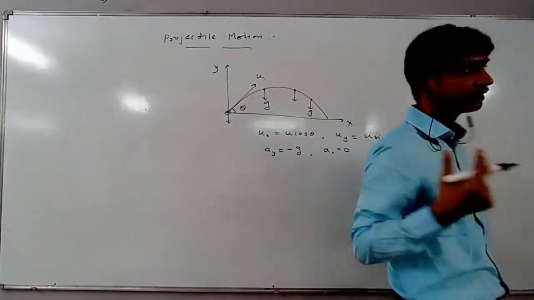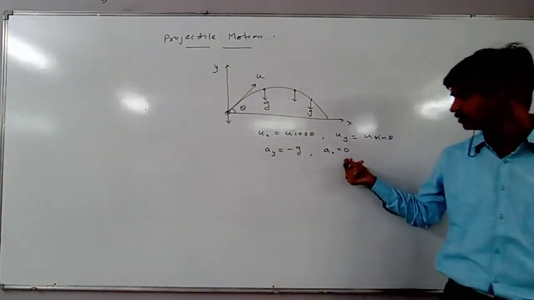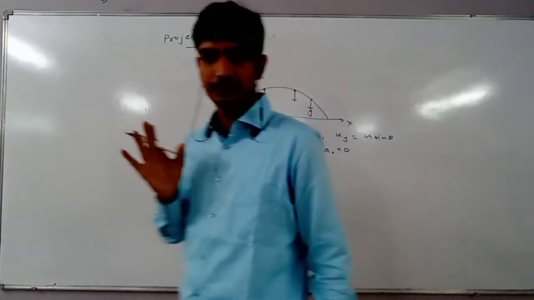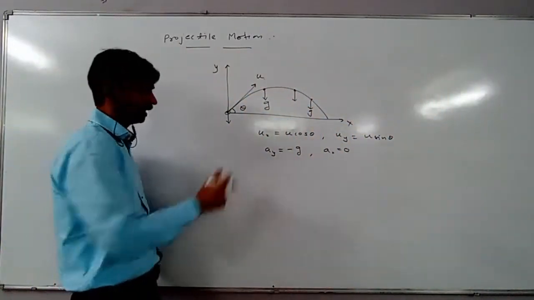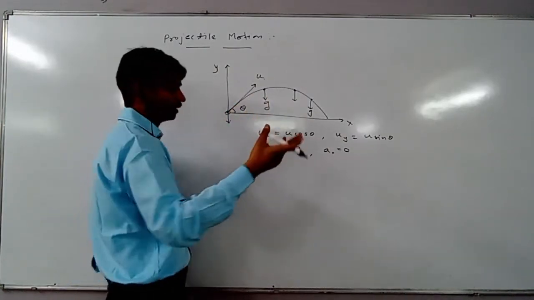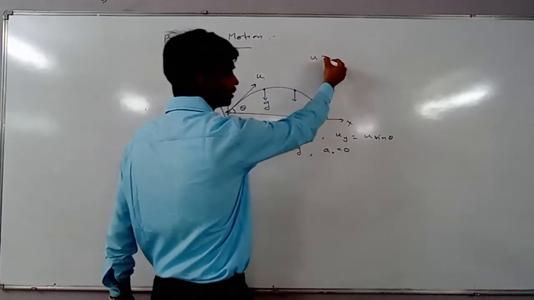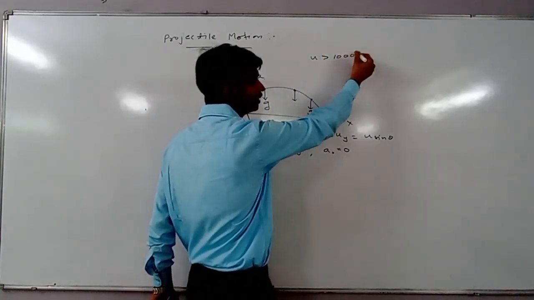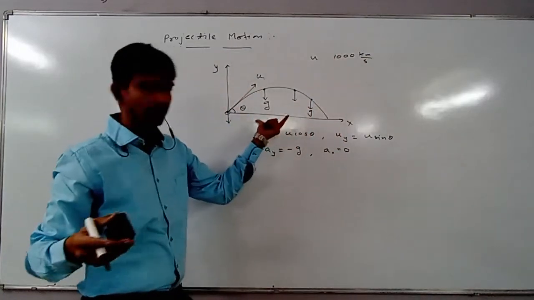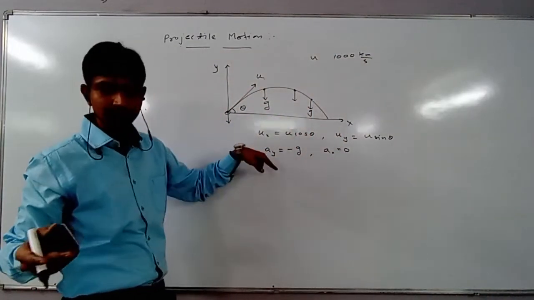How can we say that acceleration along the x-axis is 0? Because right now we are ignoring friction. Okay? Ignore friction, and this projectile is taken only for a few meters or a few kilometers. If u is suppose 1000 km per second, then this type of problem cannot be solved using this projectile equation.